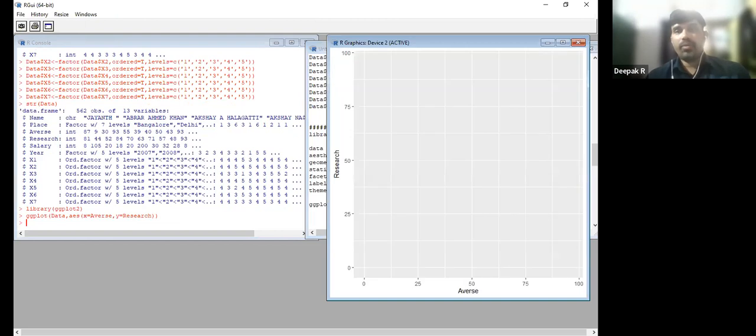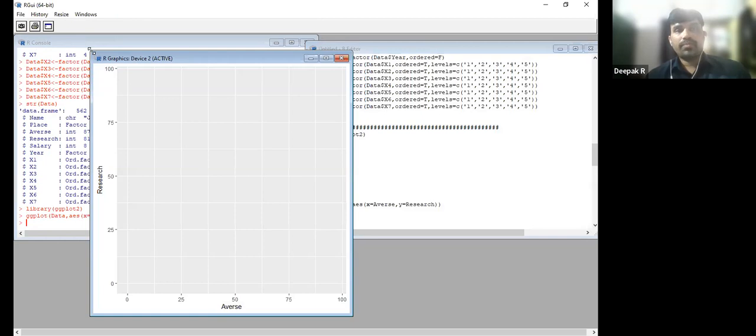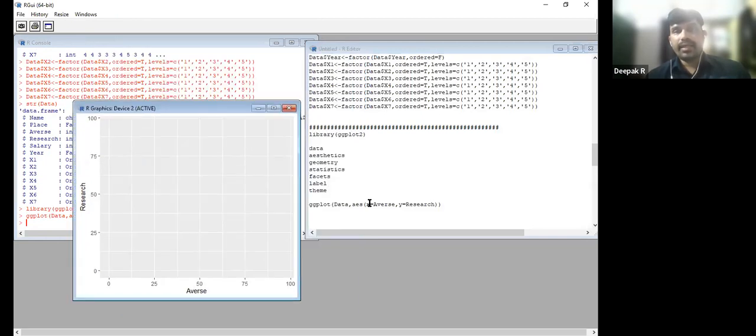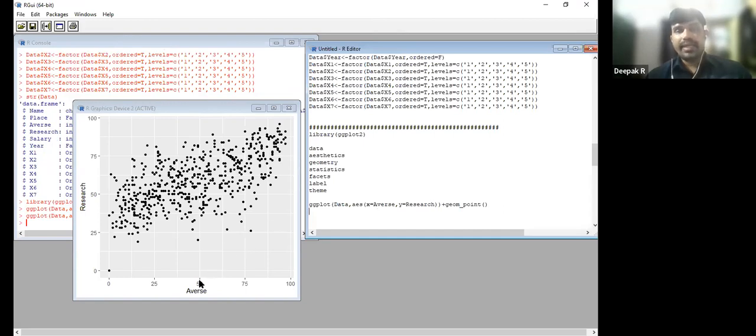Okay, so here you will be able to notice that all we get is an empty plot. Since I want to decide what kind of structure the data will have, if I go for geom_point, you will be able to notice that I have got on the x-axis the riskiness of the investors, and then I have got the research, the way that they conduct research before they go for investing.